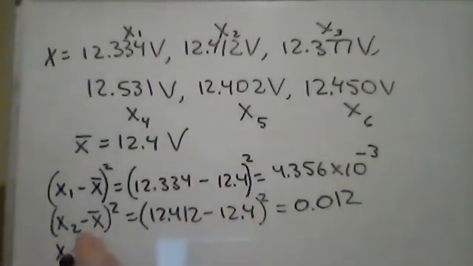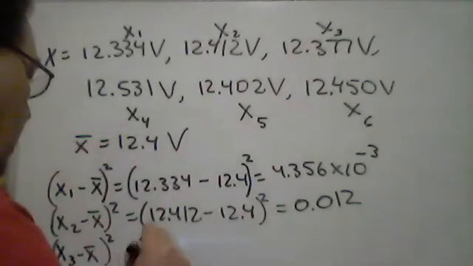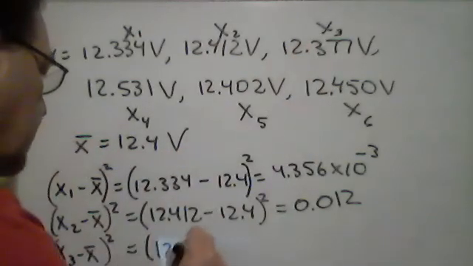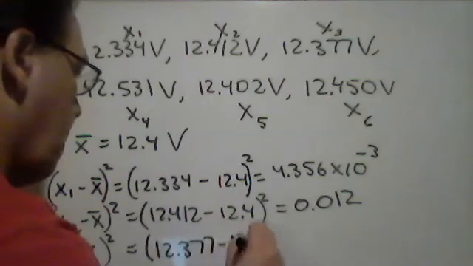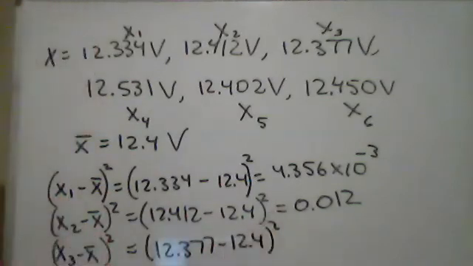X3 minus x bar squared. Okay, going to the next data, 12.377 minus 12.4. Square that. So again, 12.377 minus 12.4. And that's going to give me a nice, actually, you know what?